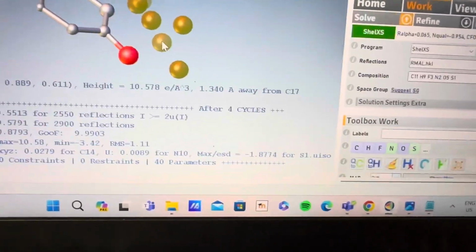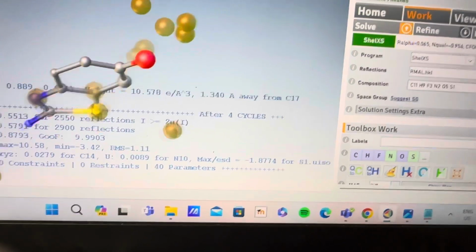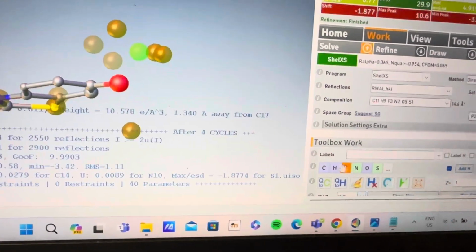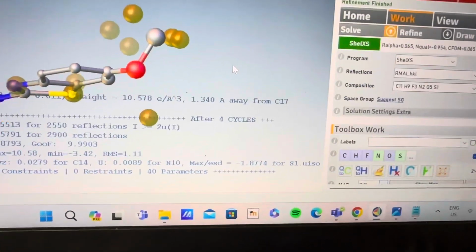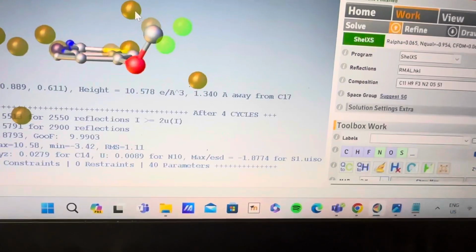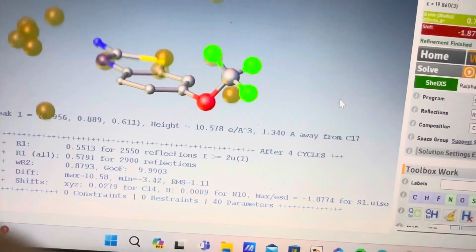Now we have a CF3 group, right? We can already see that this one is the closest to the oxygen atom, so it should be carbon, and these three should be fluorines. After we do this, we can confirm that this is correct by checking the bond lengths.